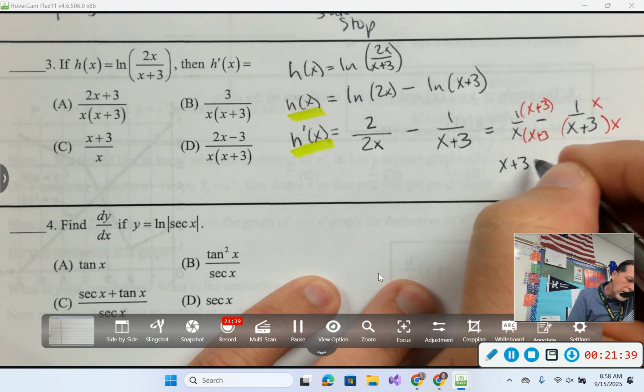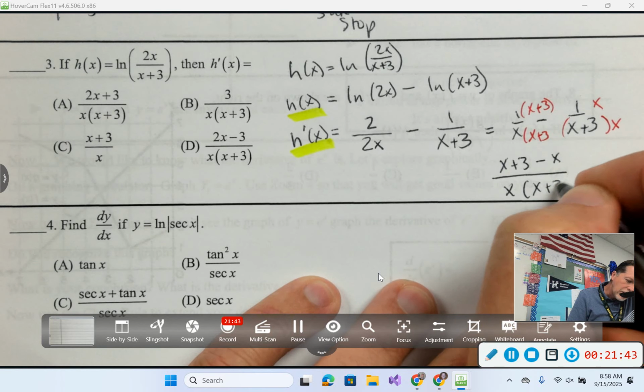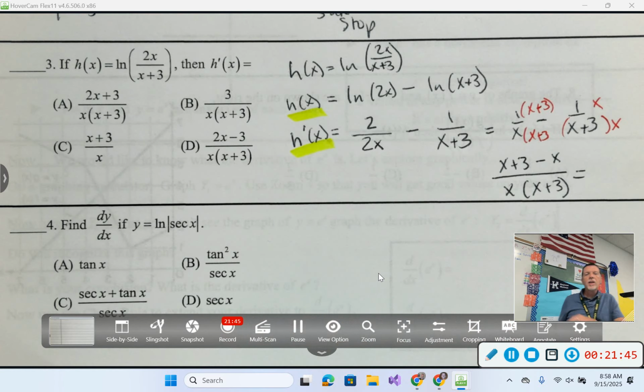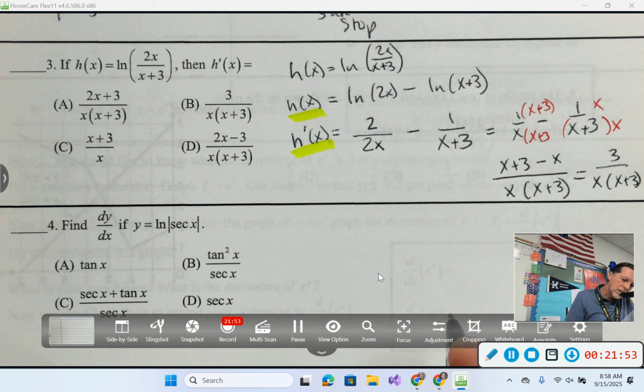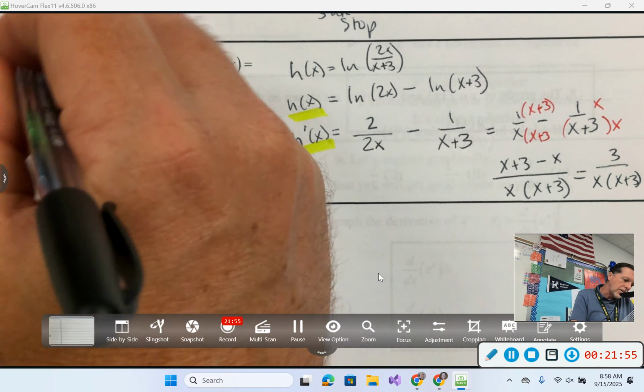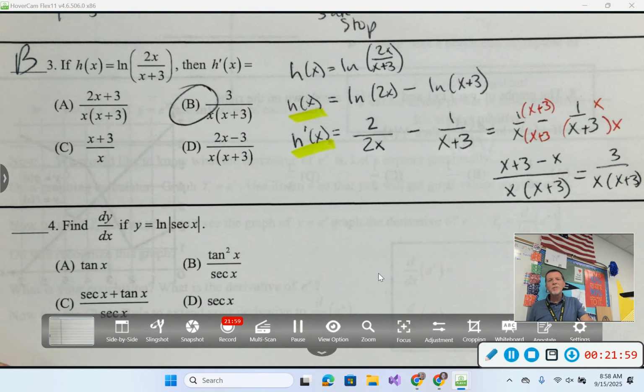So x plus 3 minus x over x times x plus 3. Let's see, the x's will cancel. I'm left with 3 over x times x plus 3. There we go. So that problem was algebra step, calculus step, then algebra step again. Emma?